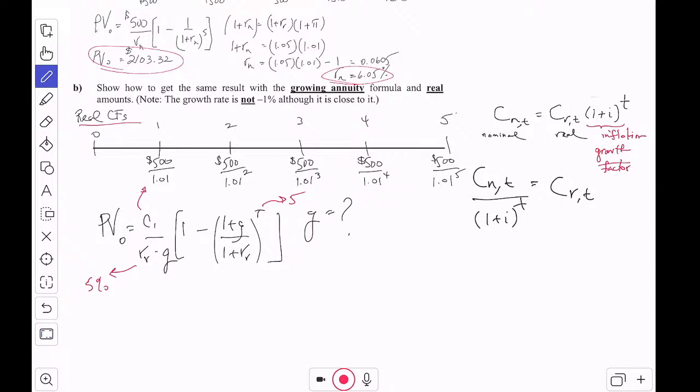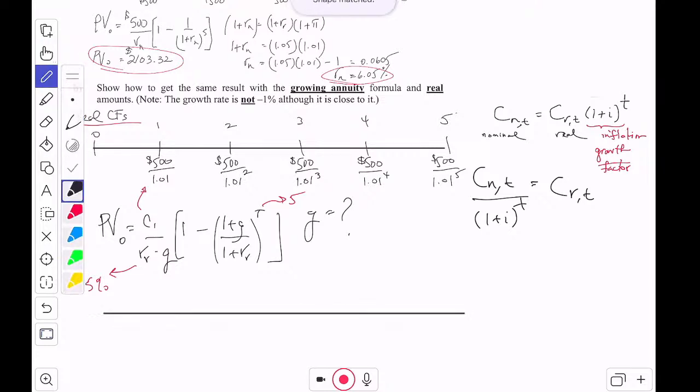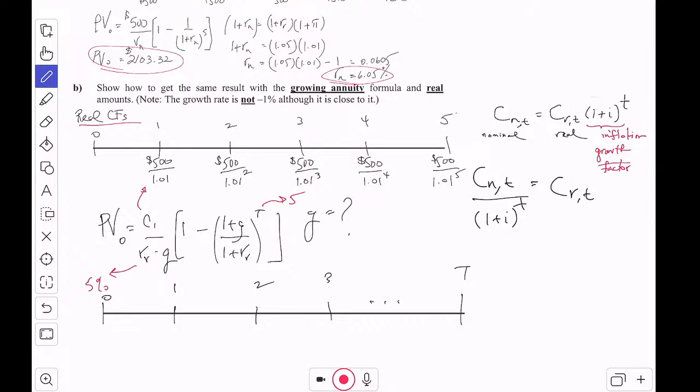It looks like this. C1, one period before our first cash flow, and then the growth kicks in. But growth is delayed by one period. There's just the first payment in the first year and then growth.